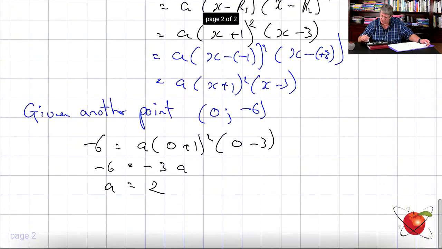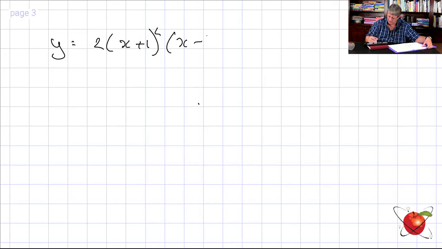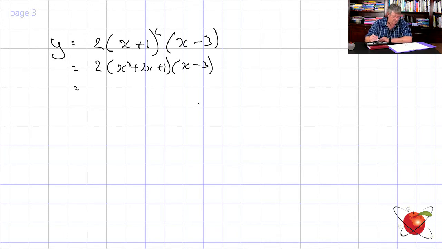Now, what do I do? I know a. The next step, knowing a, is I say, okie dokie then, I have to multiply out, because I now know 2 times x plus 1 squared, x minus 3. That's going to be 2, multiply this out, x squared plus 2x plus 1 times x minus 3. Okay, and we keep going and we end up with 2 times x cubed minus x squared minus 5x minus 3.